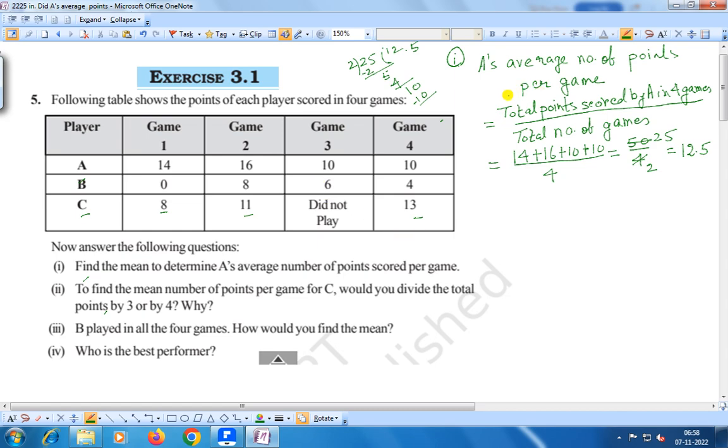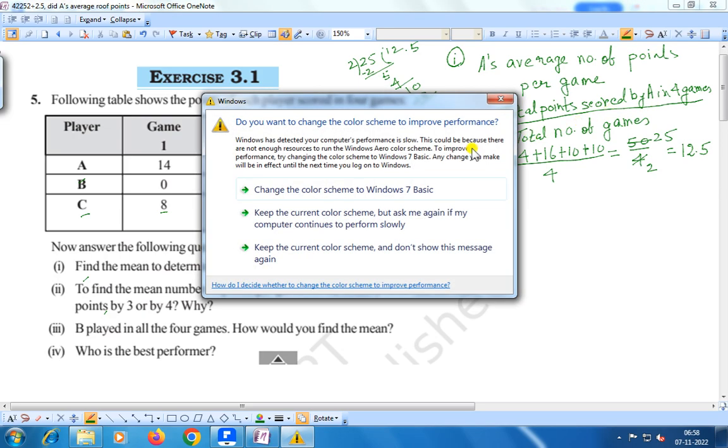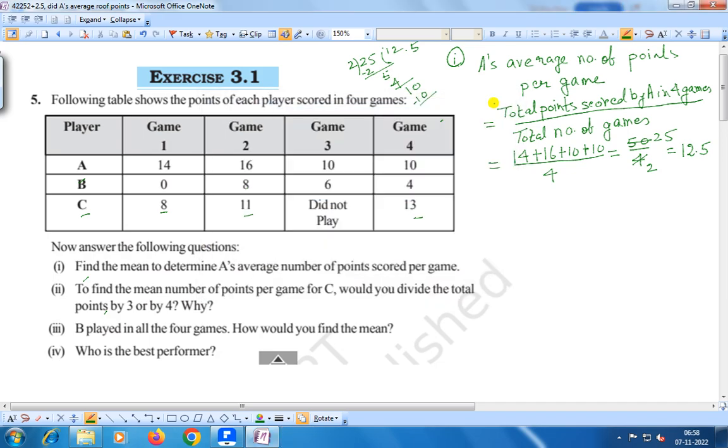Because the average is the total number of points scored by C in 3 games, divided by the total number of games, right?